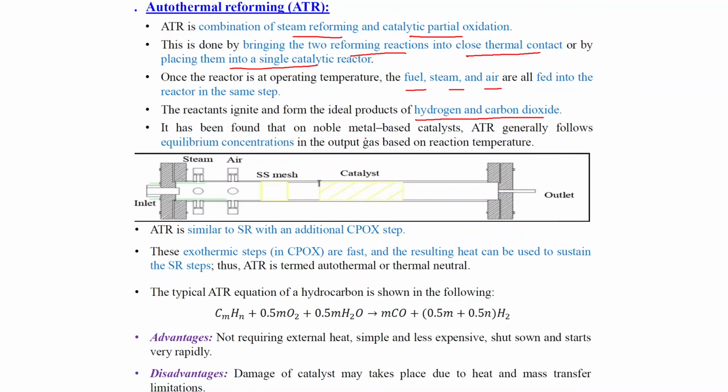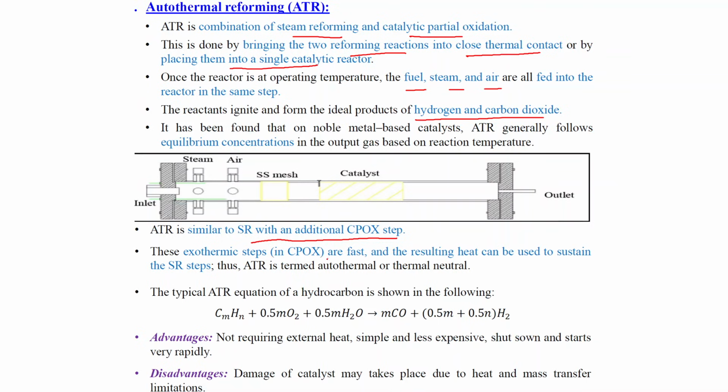Noble metal-based catalysts are sometimes used. ATR generally follows equilibrium concentration in the output gas based on reaction temperature. ATR is similar to steam reforming with an additional catalytic partial oxidation step.